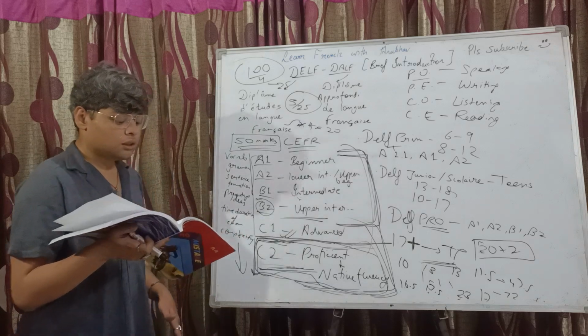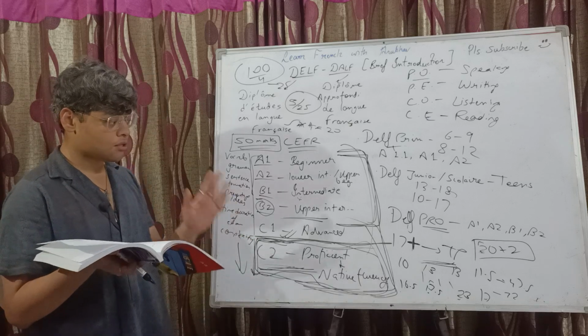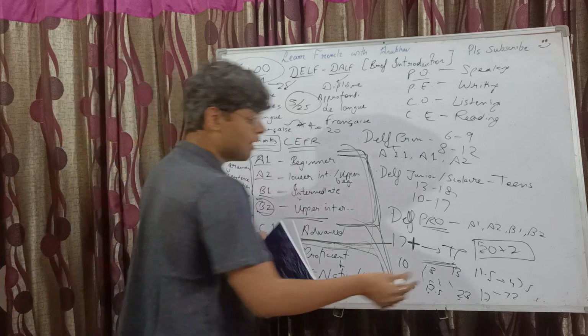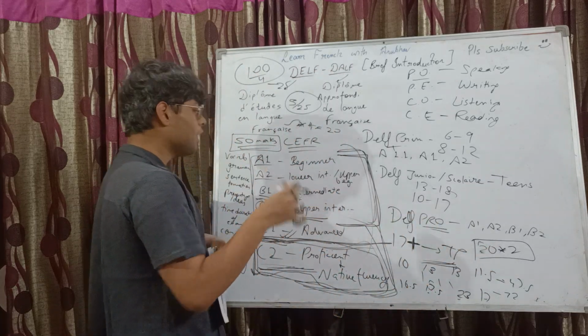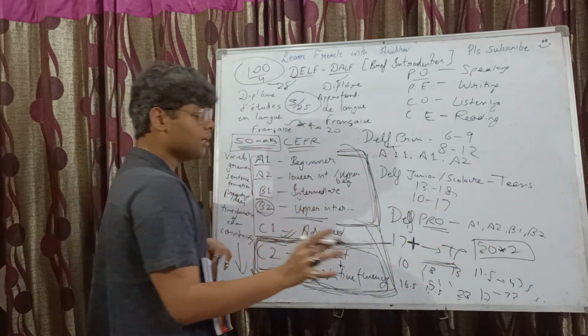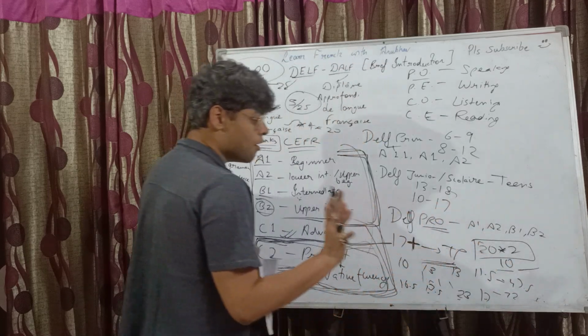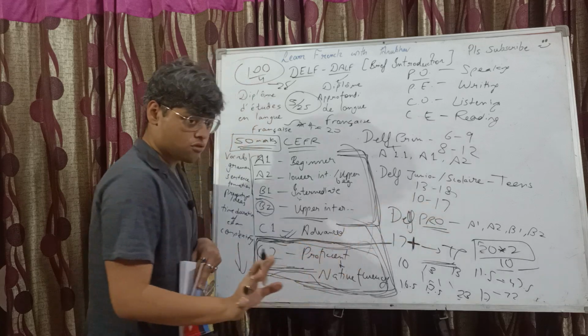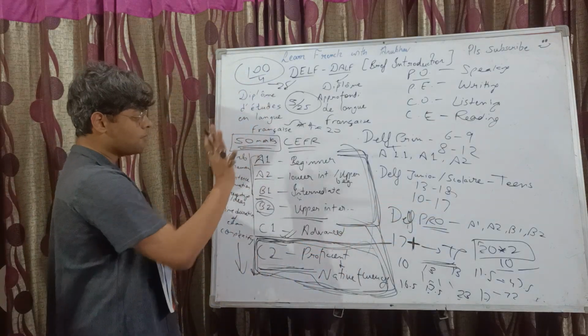So that's how 2 parts are there. 50 plus 50, 100. Passing criteria: minimum 50 marks need to be there and minimum 10 in each of the sections. Out of 50, minimum 10 in each section, and the total should be 50.